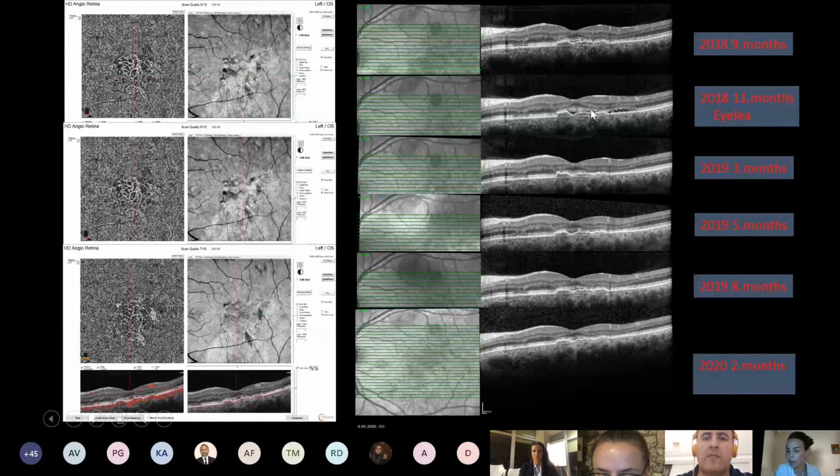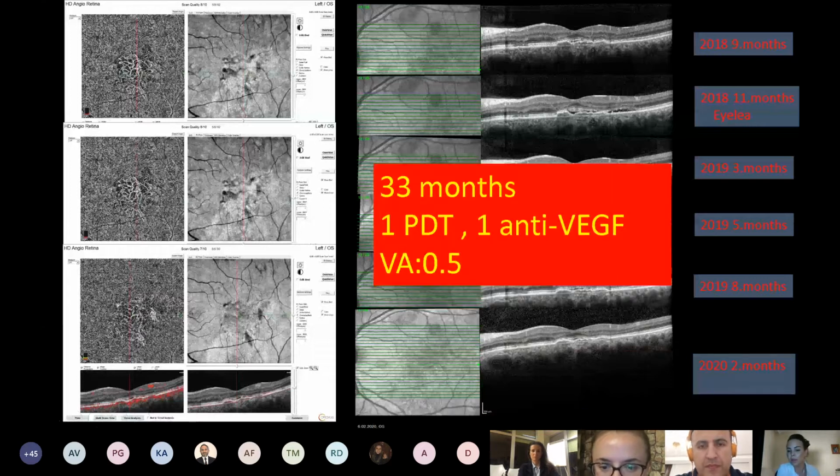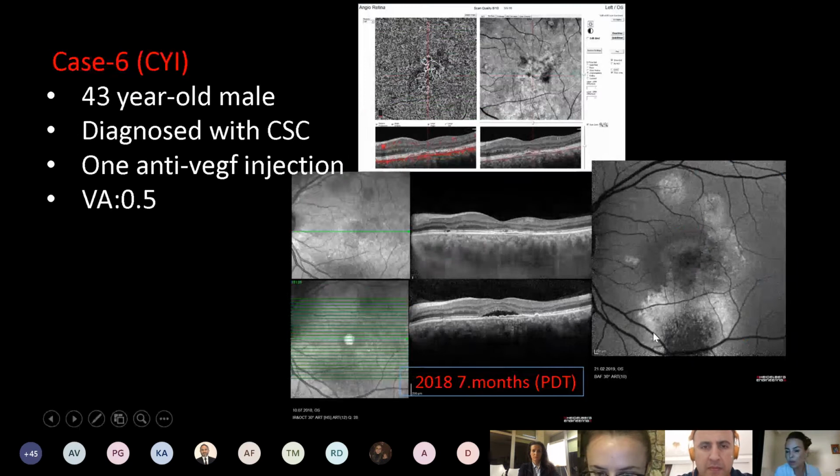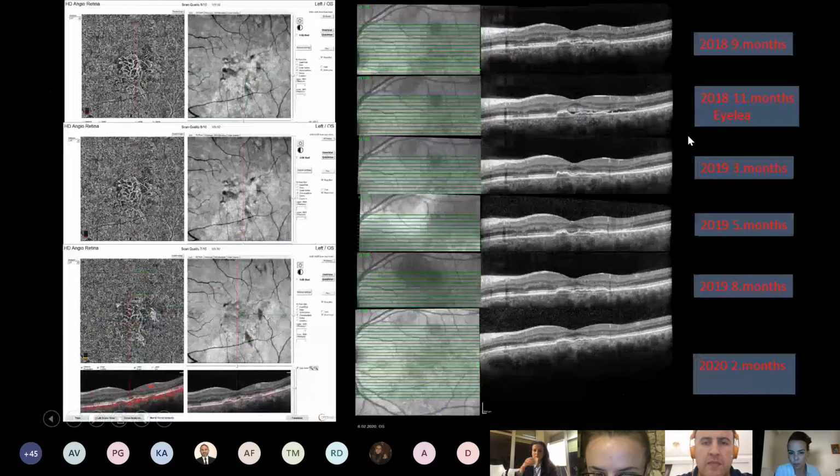However, it came back again after 2 months, so I gave one anti-VEGF injection for this subretinal fluid, and then it went away again, and the patient has been stable now for 33 months. As a summary, I have been following him for almost 3 years with one half-length PDT treatment and one anti-VEGF injection. The visual acuity is 0.5, unfortunately, due to the very prominent RPE changes at the beginning.